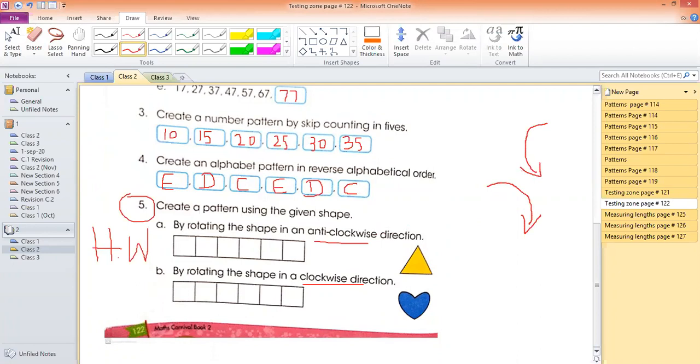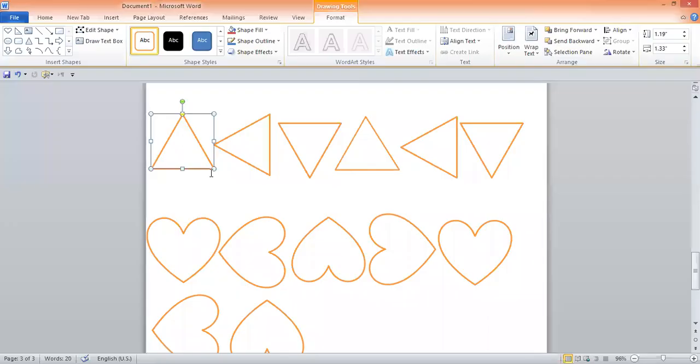So look at this triangle. You have to rotate this triangle anti-clockwise. That means this part should be here now. Let me show you on the new screen. This was the normal triangle.